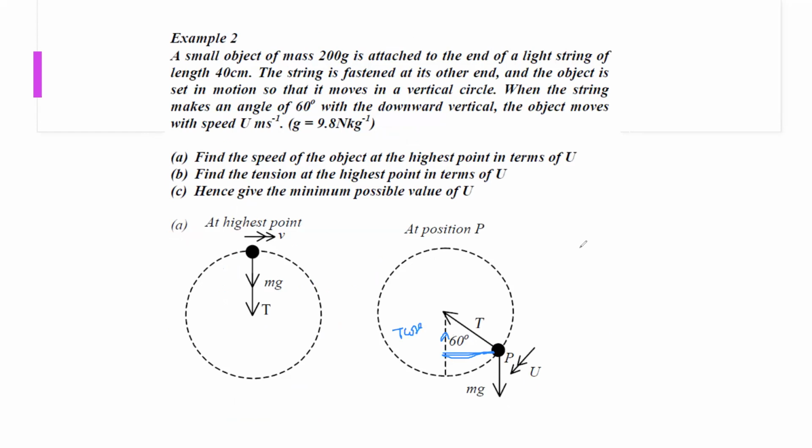So centripetal force is equal to T cos theta, which is acting up, minus the mg, which is acting down, and we'll substitute mv squared over r in place of this. So we can substitute v and we'll get the answer. You'll get the same answer.